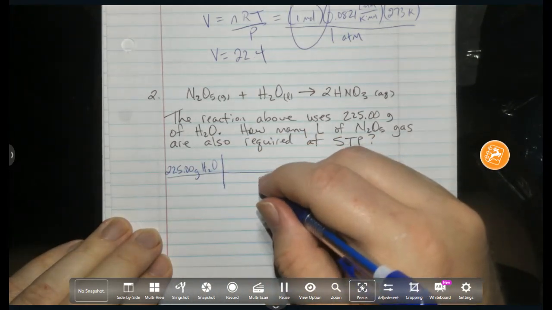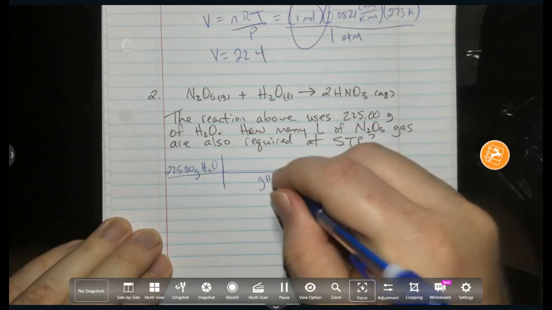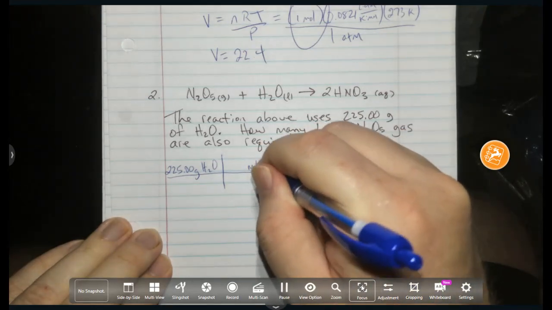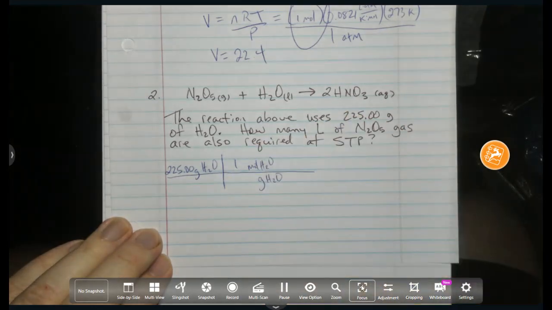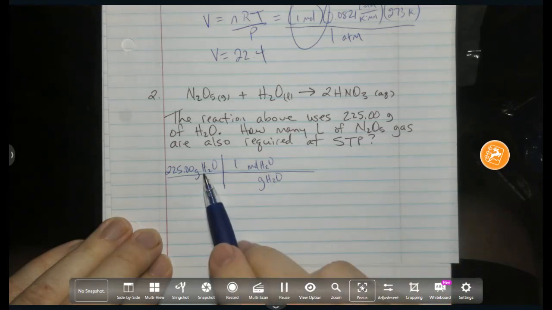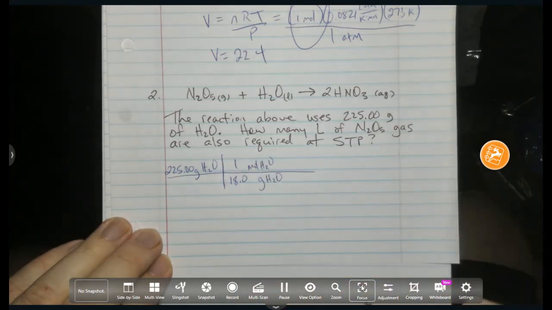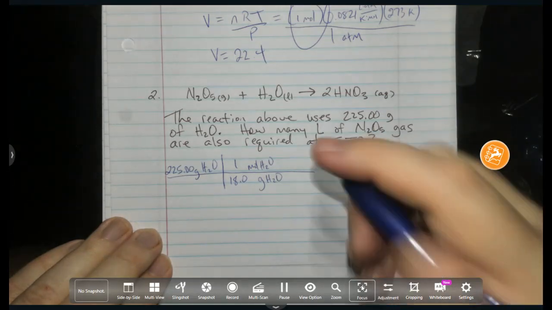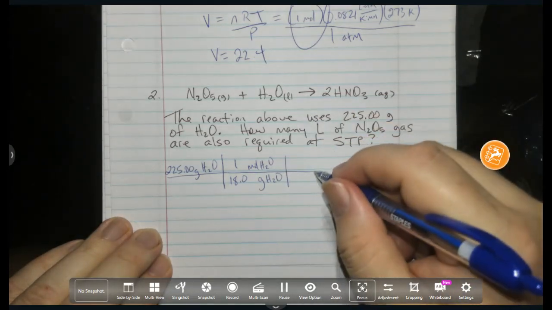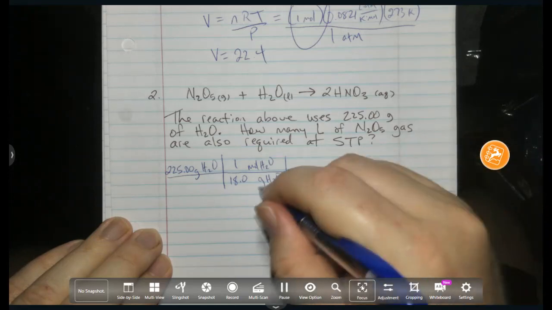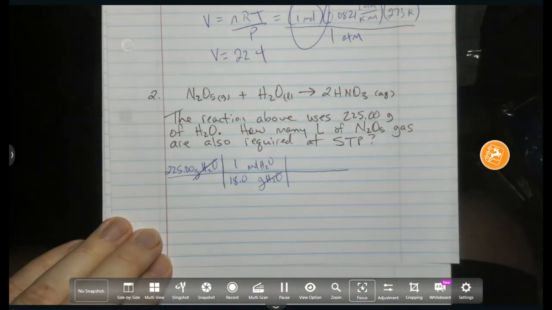So we're going to convert grams of water into moles of water. Now using our molar mass, 2 H's and 1 O, the molar mass is 18. If you need to, hit pause and calculate it yourself and verify that it's correct. And so that puts me in moles of water.